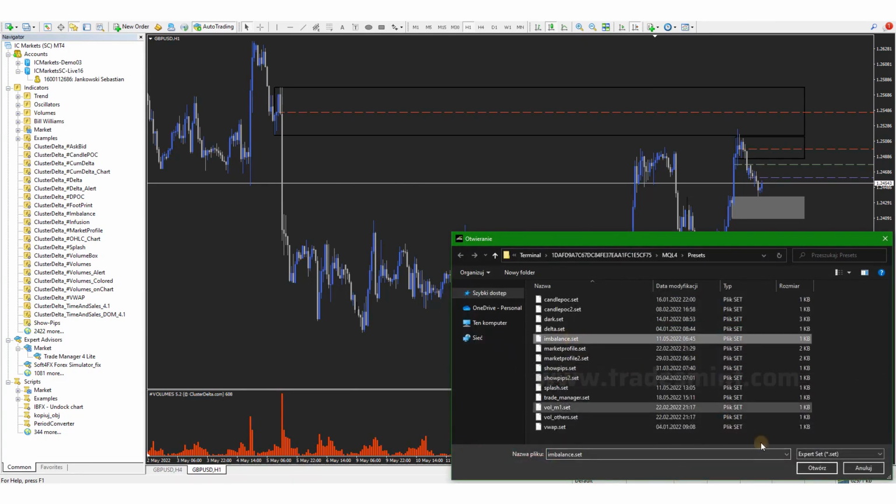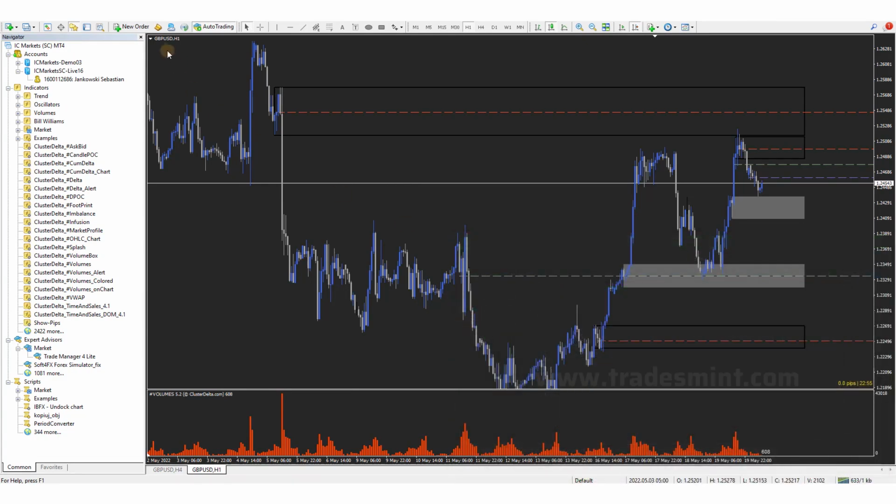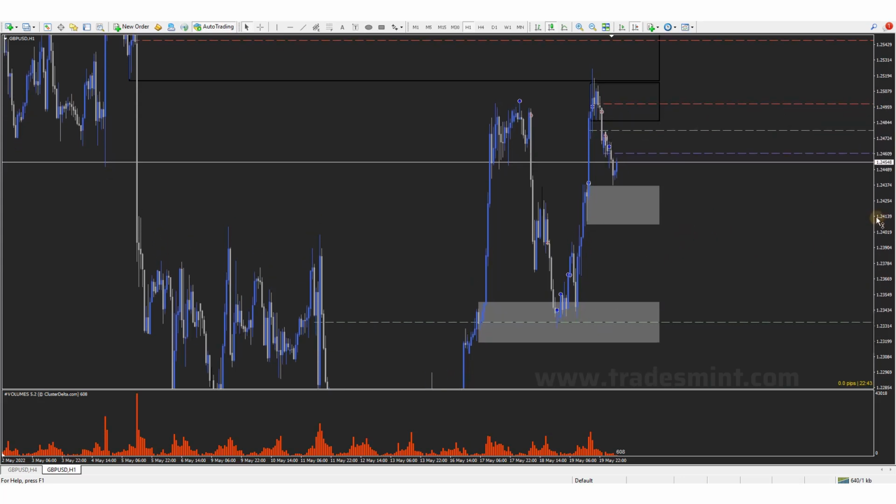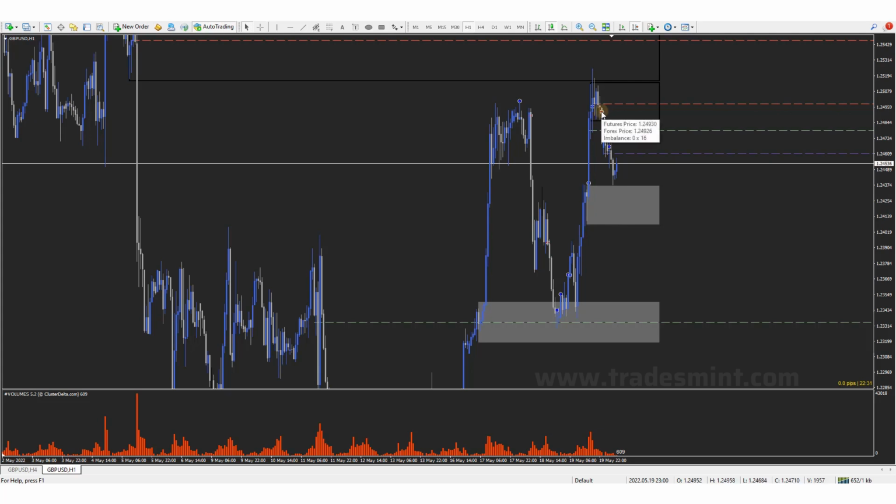Also loading my template. Good. And now I'm looking for the levels that are still untouched, to see if in future maybe the sellers or buyers will still hold the price.